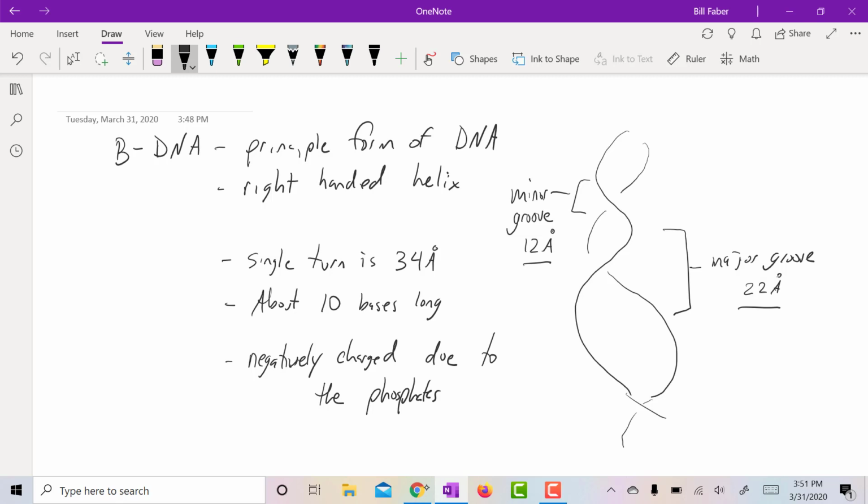And so as a result, whenever you have DNA, it is littered with sodium and magnesium and positively charged proteins, because they're attracted to the negative charge of the sugar-phosphate backbone that keeps going down. There are all these negative charges, so you get things that are oppositely charged that want to be around it.